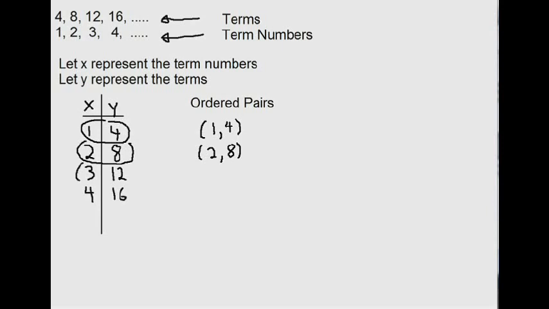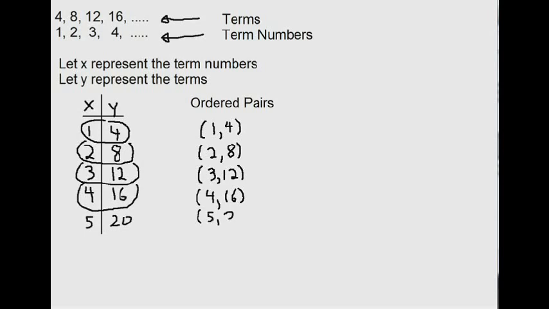And carrying on down the table of values, we can see our next ordered pair is x is 3 and y is 12. And finally, the last one that we have in this table of values is x is 4 and y is 16. We could continue our number pattern here, and you could probably come up with the fifth term on your own, and we know that the fifth term would be 20.